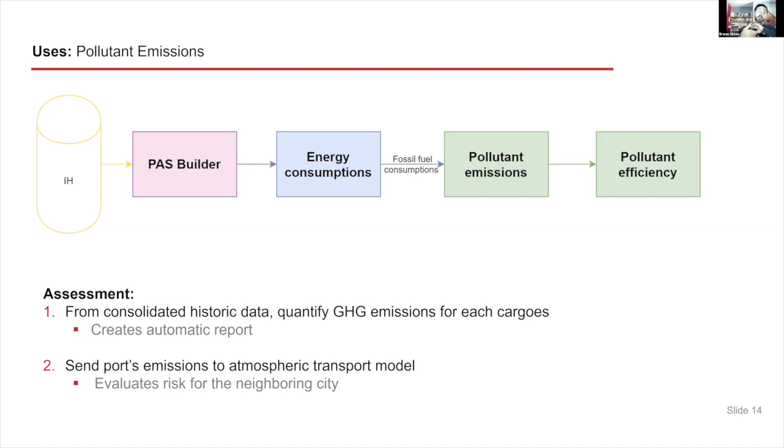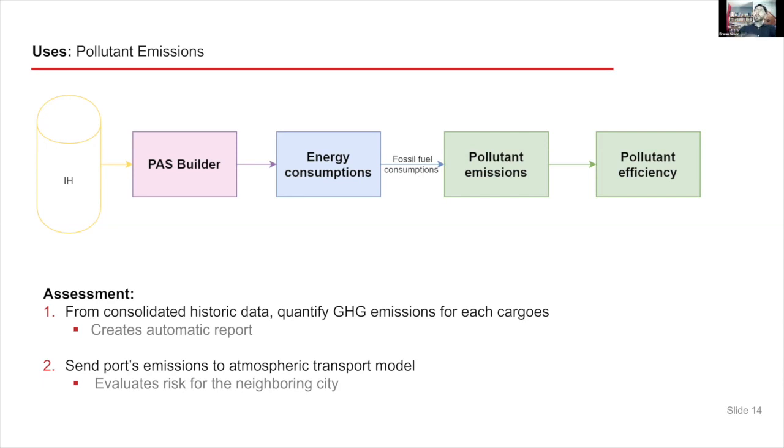It can be default emission factor values or specific to your machine. Again, we adapt to what you have as data. So you know what the pollutants are related to, let's say, this terminal during this week or for this load. You can even make some data transformation on this time series about your production of pollutants, and put it back into the information hub, where it is available for other models that will use that as an input to evaluate risk for the city.